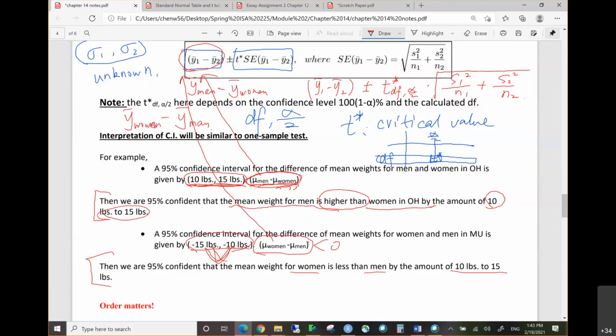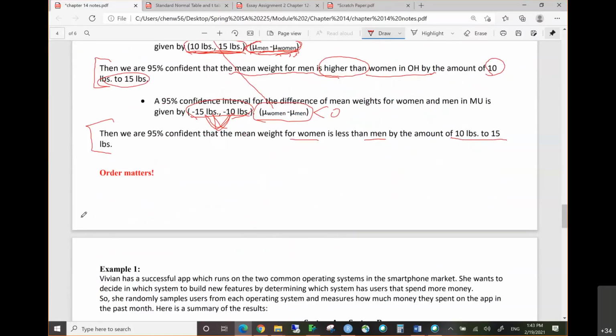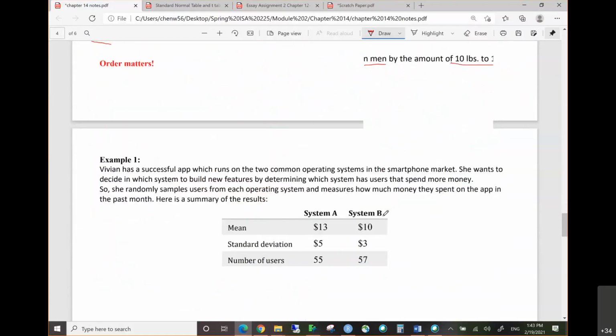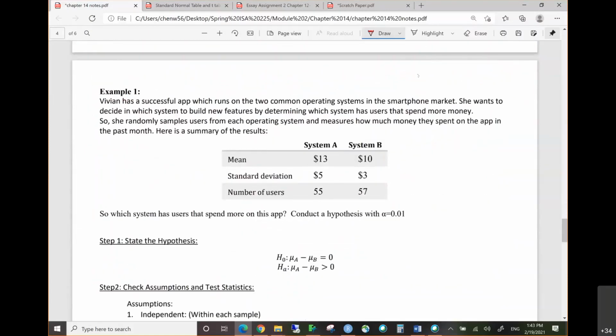All right. And then that will be all for this chapter. So last class we went through just the first half of this example. Again, this is about testing which system has users that spend more money.